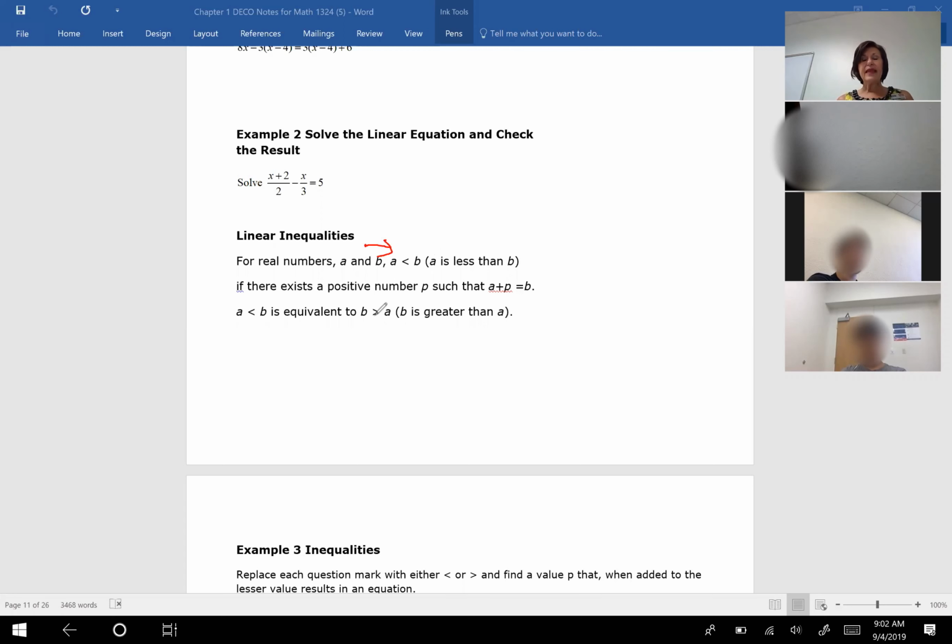Okay, and just like we said we could add the same thing to both sides when we have equal signs, and that keeps it balanced, and we can subtract, those rules also hold with inequalities. So if it's greater than or equal to, or less than or equal to, you can add or subtract anything from both sides, and that doesn't affect the inequality at all.